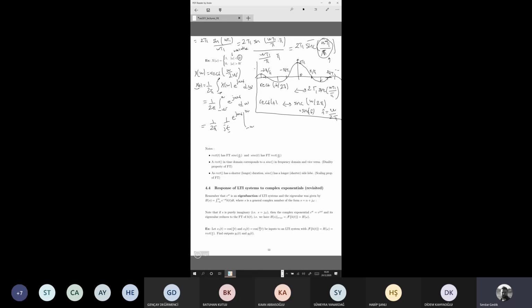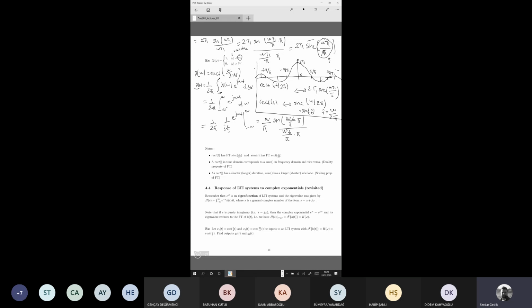So if you continue, this is equal to capital omega over pi. I will skip some terms, but you can evaluate them by yourself. Sine omega t over pi times pi over omega t over pi times pi.